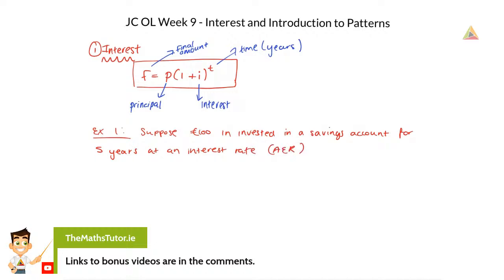AER is annual equivalent rate, so it's interest of 5%. Then what you're asked to do is calculate how much money is in the account after 5 years.